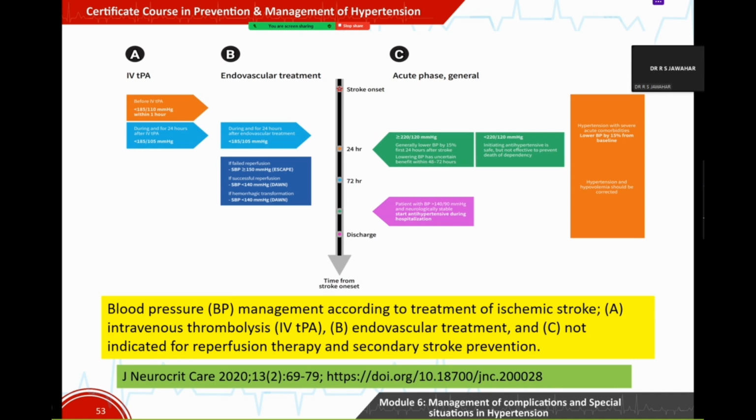See, A is the IV TPA, B is the endovascular treatment, and C is the acute phase general. For IV TPA, before the IV TPA, the systolic blood pressure should be below 185 and the diastolic below 110 within 1 hour. During and for 24 hours after TPA, reduce it to 185 and 105.